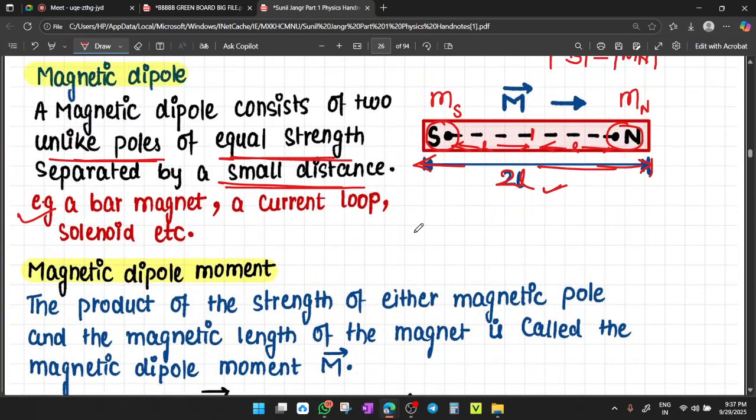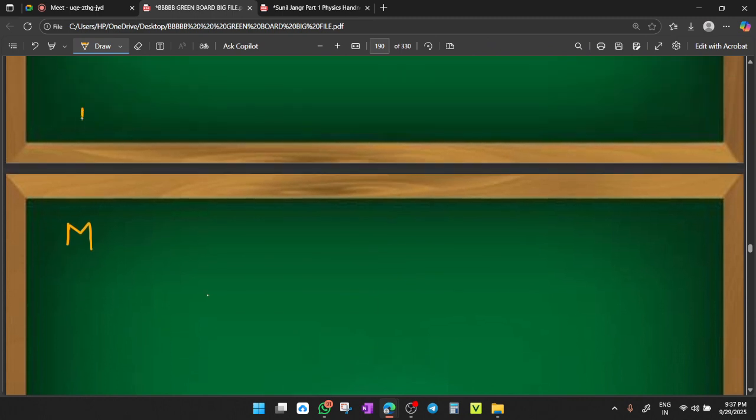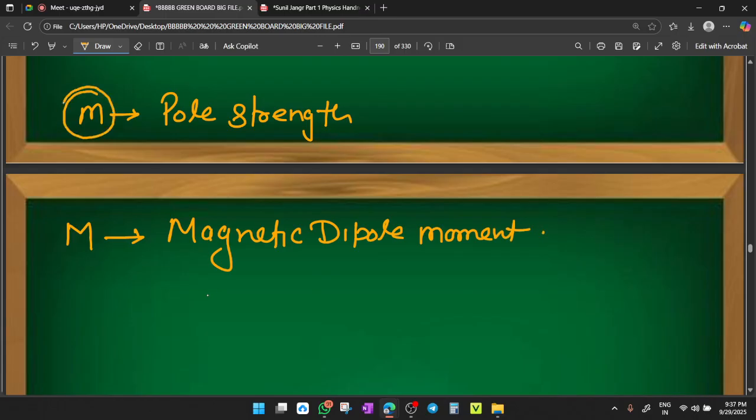Magnetic dipole moment is indicated by capital M. Remember guys, small m is the notation for pole strength, and capital M is the notation for magnetic dipole moment. Small m is the magnetic pole strength, that is a scalar quantity.